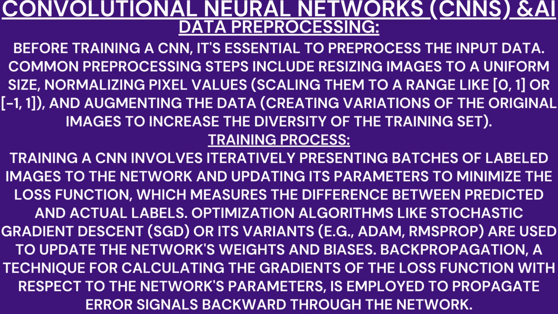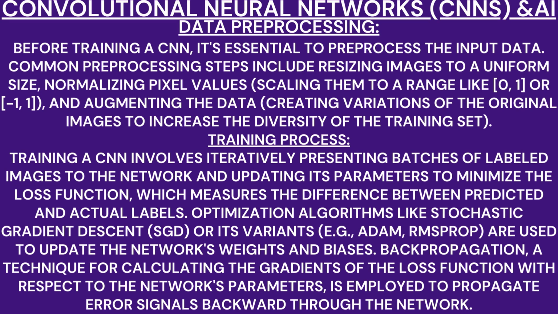Training process. Training a CNN involves iteratively presenting batches of labeled images to the network and updating its parameters to minimize the loss function, which measures the difference between predicted and actual labels.